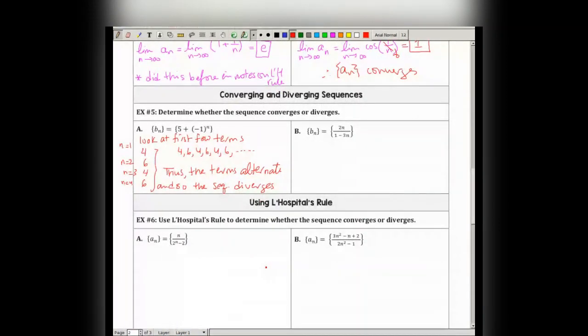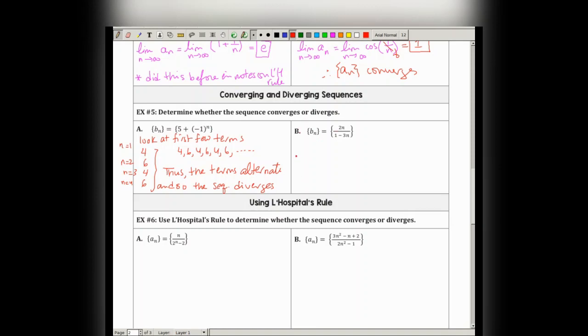Okay. Now, if we were to draw these, we would draw them as points, like at n equals 1, at n equals 2, at n equals 3, and you'll just see it's 4, then it's 6, 4, 6, 4, 6. So you can visualize alternating dots, and then it just keeps going on and on and on as n goes to infinity.